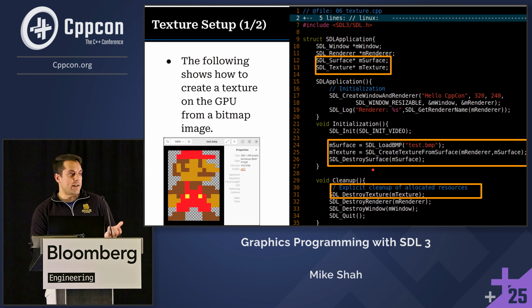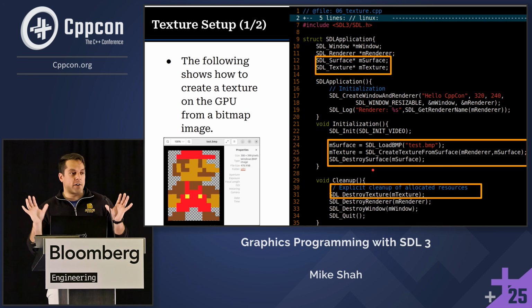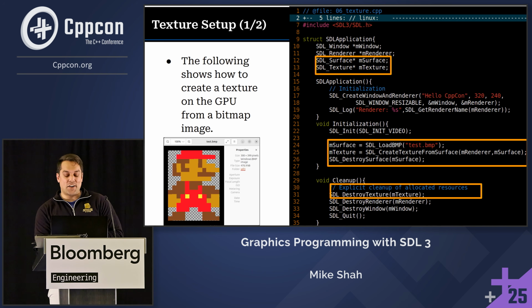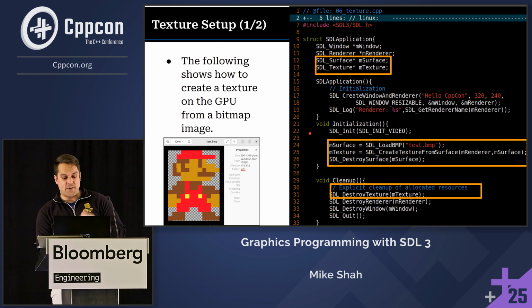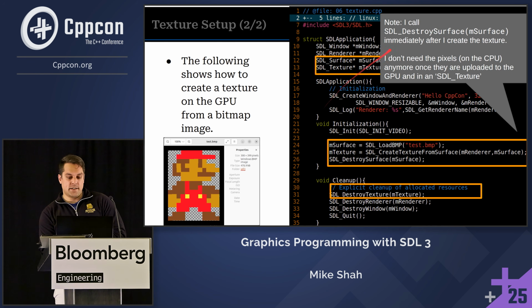So things are create and destroy. There used to be other named functions. So again, that's enough of a reason that I like using SDL3, or was worth the upgrade for me, the consistency in the API. Okay, so anyways, that's that. And then here's my note again, just about freeing the CPU pixels once you don't need them.